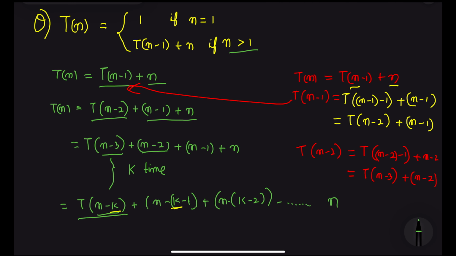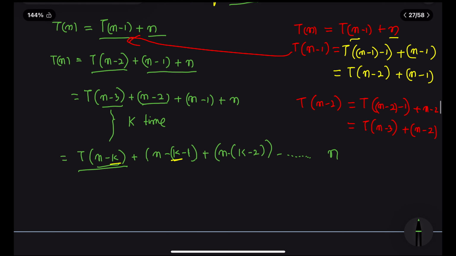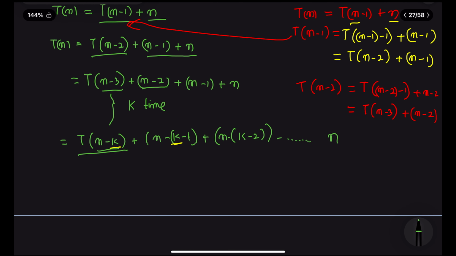We can see in the question the termination condition is when the value of n equals 1, then the value will become 1. In other words, T(n) = 1 if n = 1. So T(1) = 1. This is the termination condition. Suppose this is getting terminated after k times.